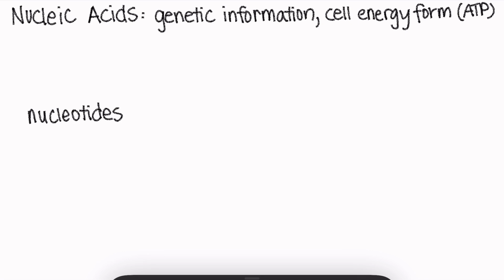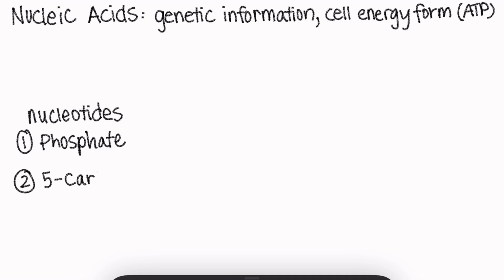Nucleotides are pretty complex in their structure, actually, but all nucleotides will have a phosphate, and all nucleotides will have a 5 carbon sugar, and all nucleotides will have a nitrogenous base.